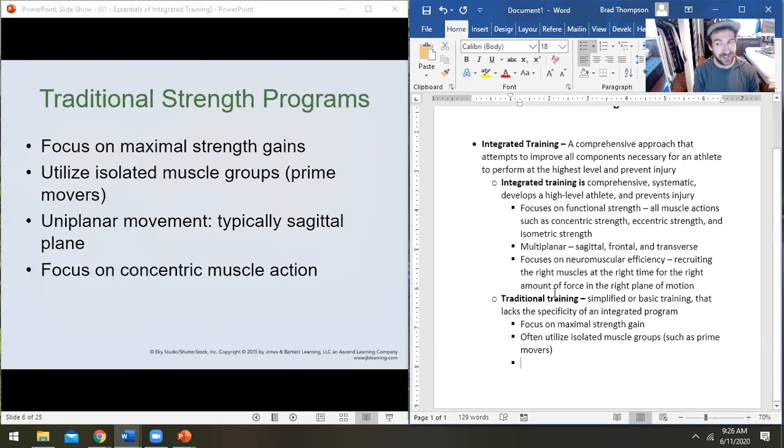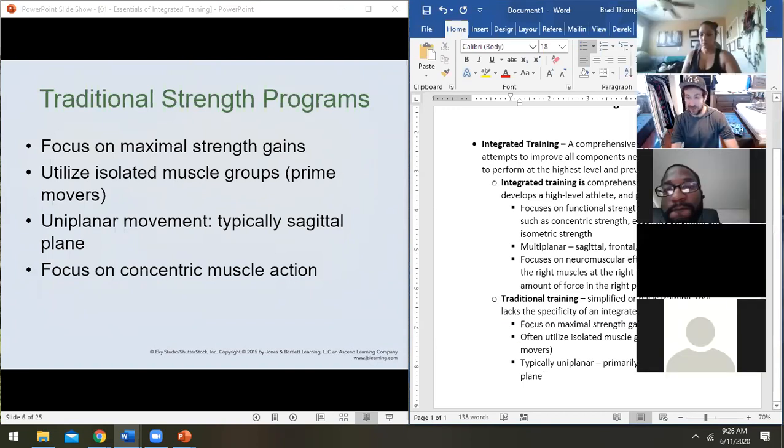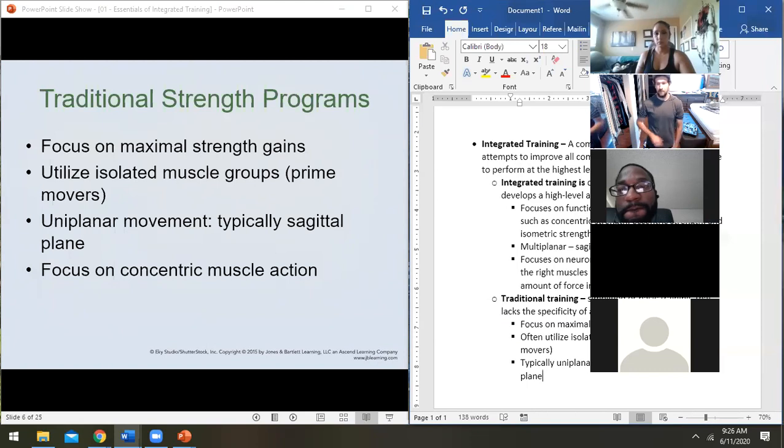They also typically tend to be uniplanar. Primarily train in the sagittal plane. I usually like to take a moment in class to go around. You guys have all been here for a while, so you wouldn't fall for this, but I love to go around class.